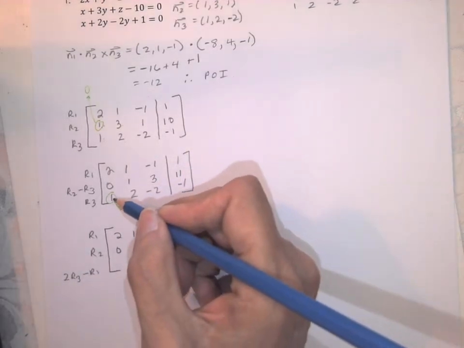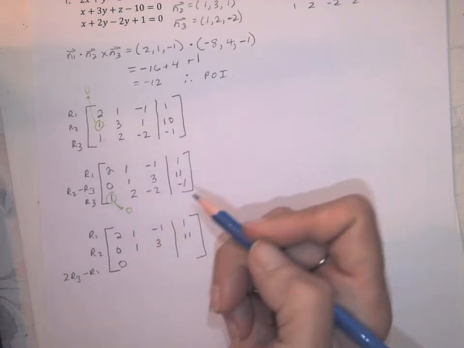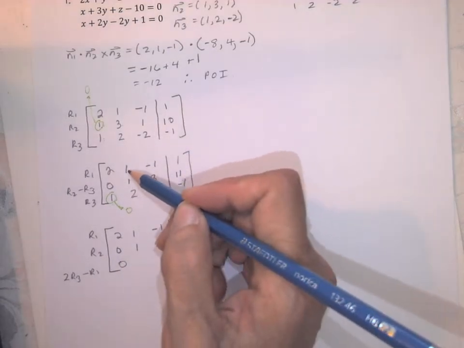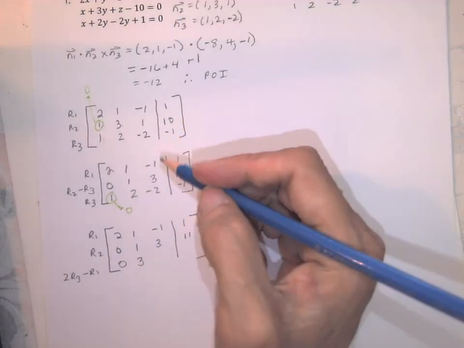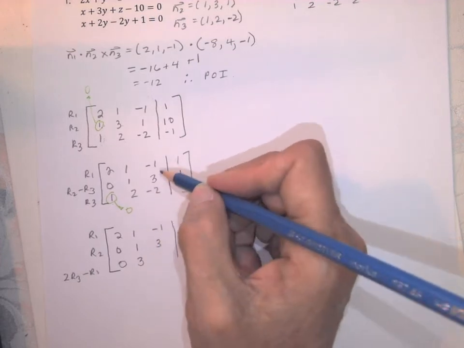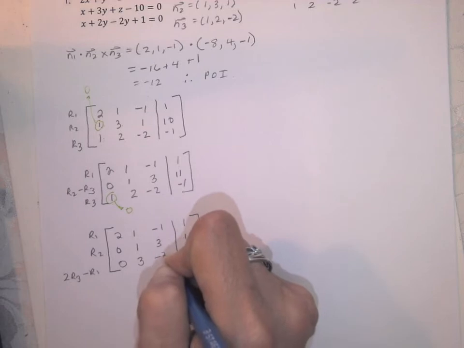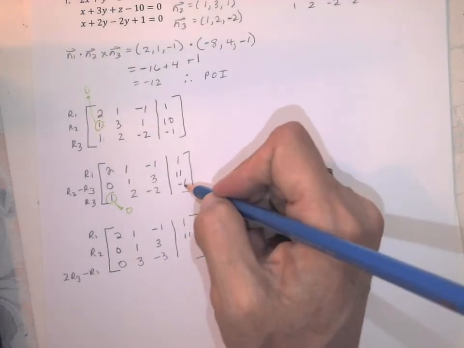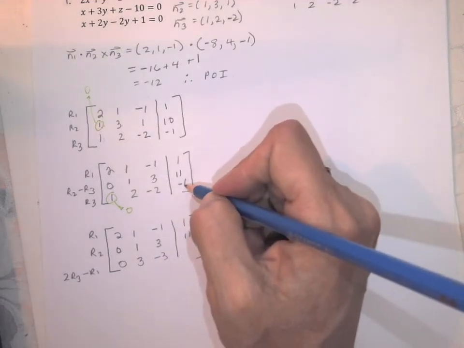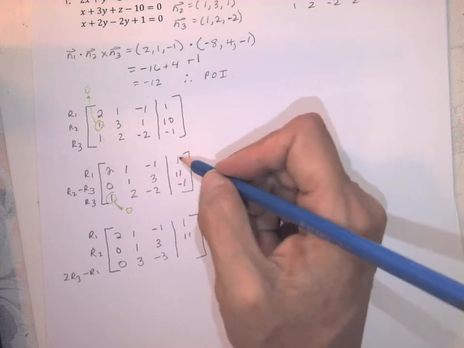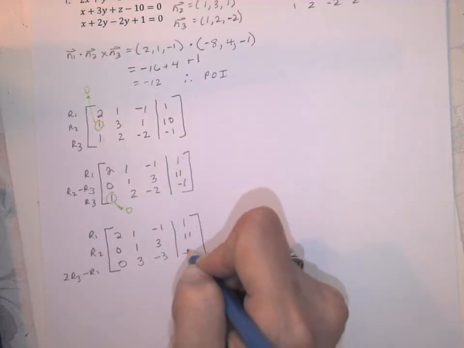So 2 row 3s, 2 minus 2 is 0. 4 minus 1 is 3. -4 minus -1 is -3. -2 minus 1 is -3.